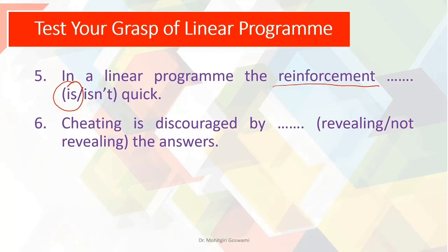Cheating is discouraged by blank the answers. Yes, revealing. If the students know that they will be given the true answer in the second frame, they won't look at the other students. So cheating is discouraged over here.